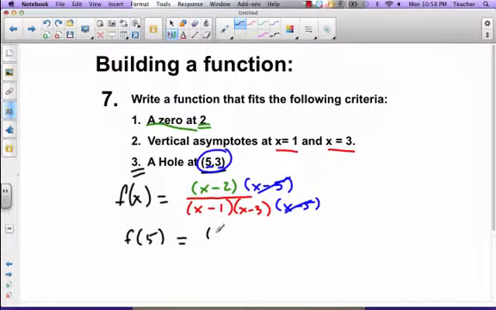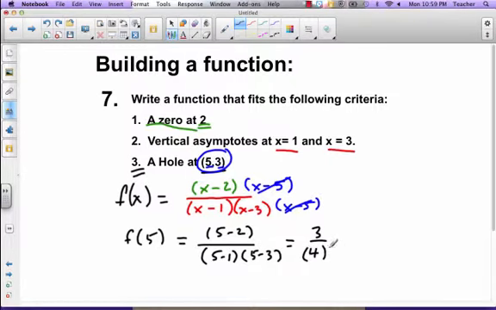In the numerator, we'll have 5 minus 2. In the denominator, we'll have 5 minus 1 and 5 minus 3. So this will end up with a 3 in the numerator, and 5 minus 1 is 4, and 5 minus 3 is 2, which leaves us with 3/8.